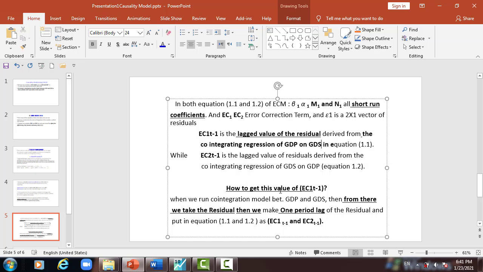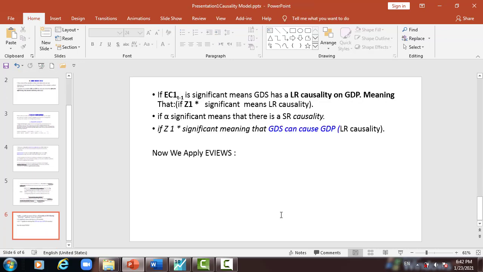So how do we get this error correction term? We run the regression model between GDP and GDS, take the residual, make a one-period lag of the residual, and put it in equation 1 and equation 2 as EC1 t minus 1, lag 1, and EC2 lag 1.